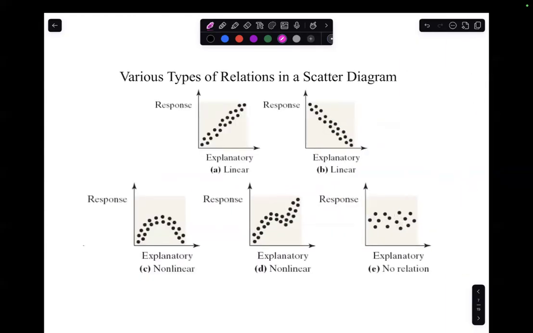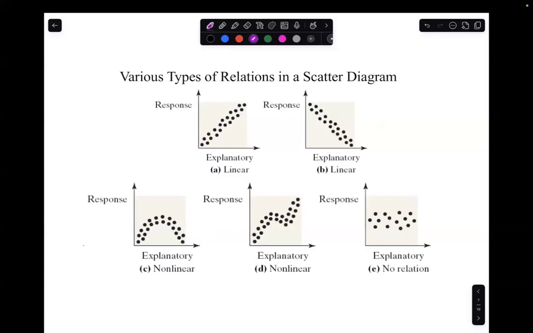In this class, we're specifically looking at linear relations. We are not looking at any other type of relations. If you look at these first two, A and B, you can see very clearly that these are linear.